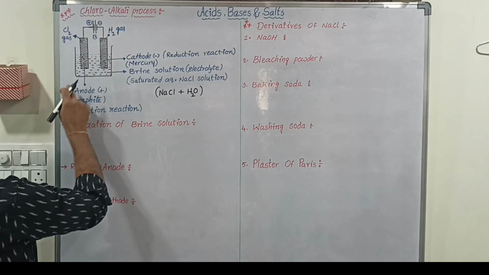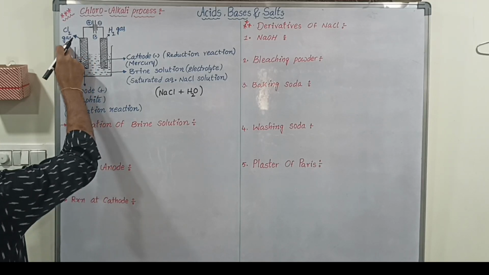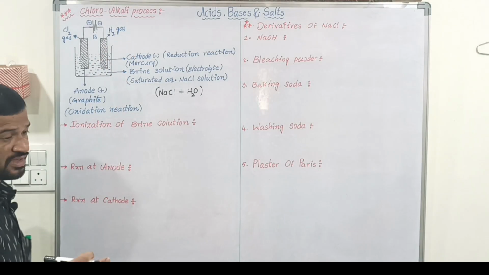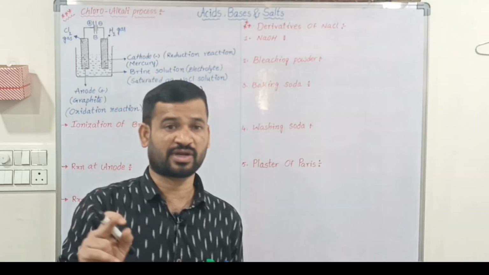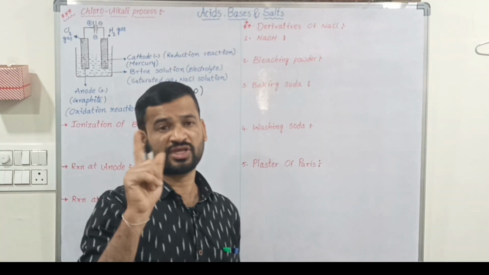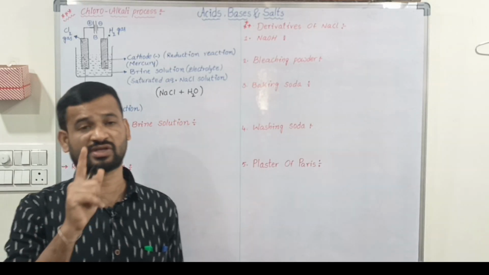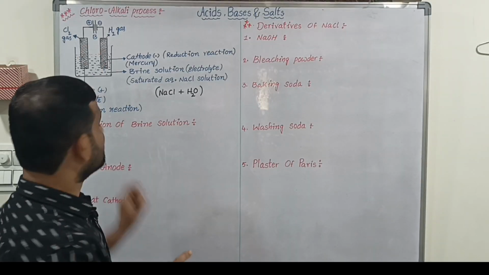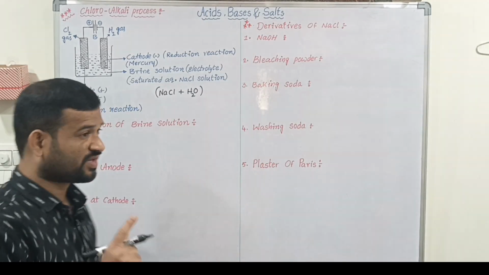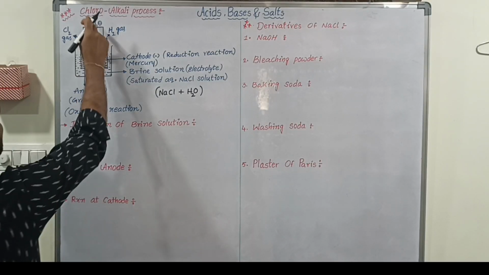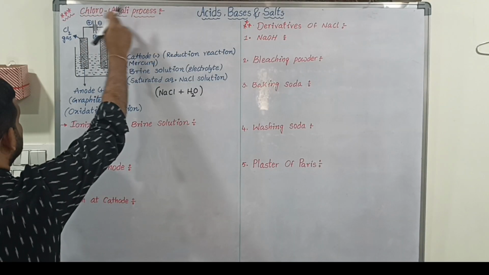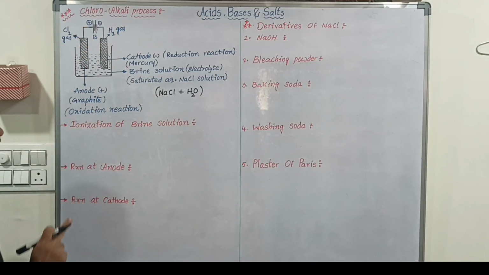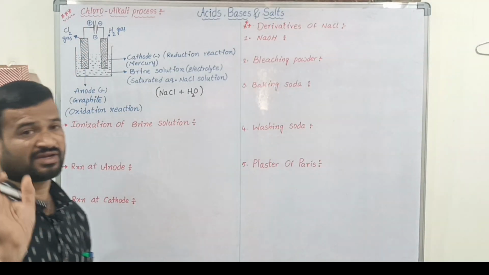Okay, so here at the anode what type of gas will be liberated? Chlorine gas is liberated. At the cathode hydrogen gas is liberated. Not only hydrogen gas, but sodium hydroxide, which is nothing but caustic soda, is also formed at the cathode. So that's why this process is called the chloroalkali process. Chloro means liberation of chlorine gas at the anode. Alkali means sodium hydroxide.